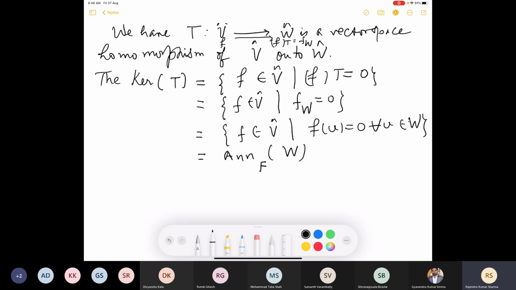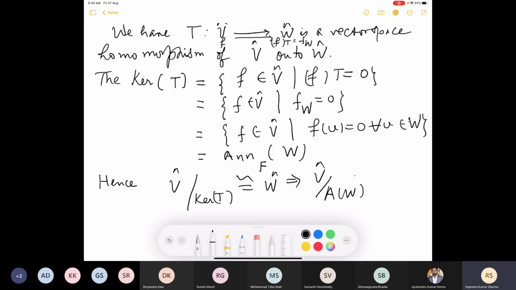Hence, by the first isomorphism theorem, what we have got is that V hat divided by the kernel of T is isomorphic onto W hat, that means V hat by the annihilator AW is isomorphic onto W hat.